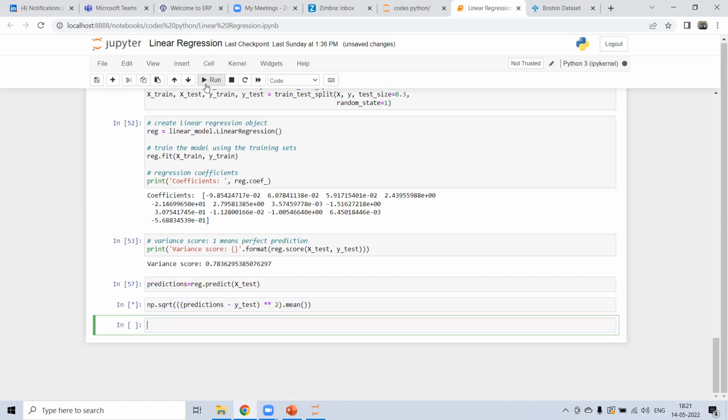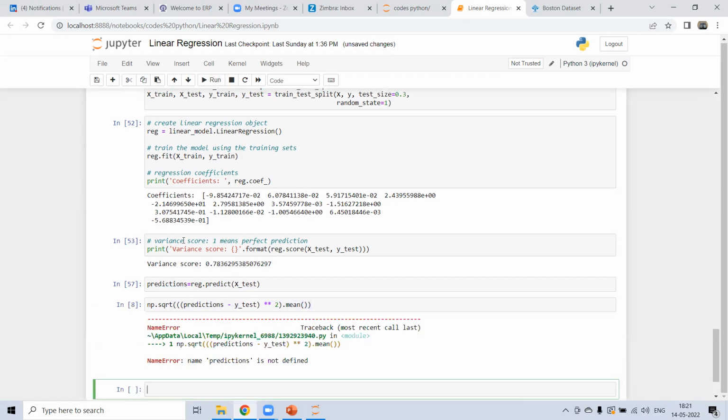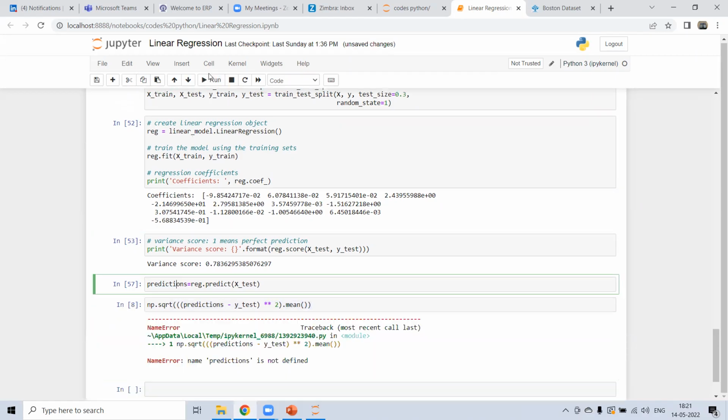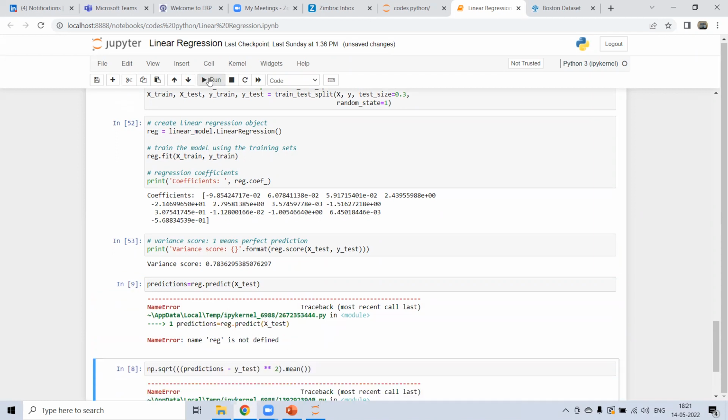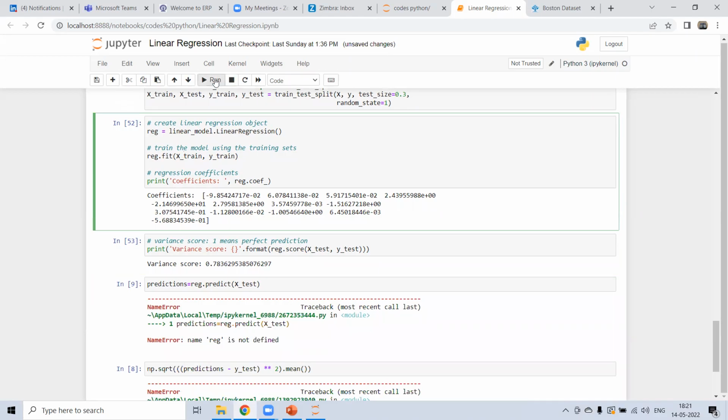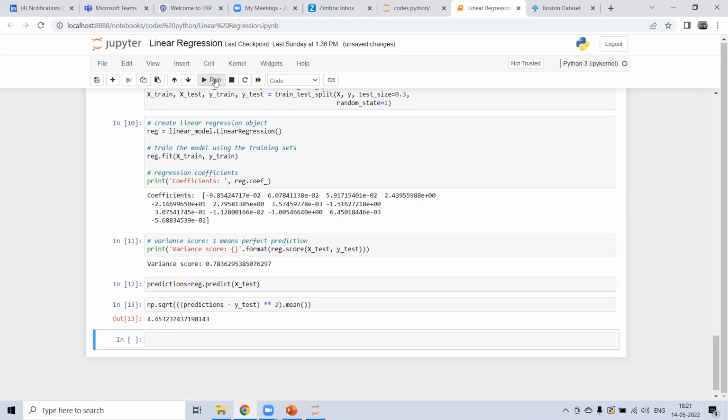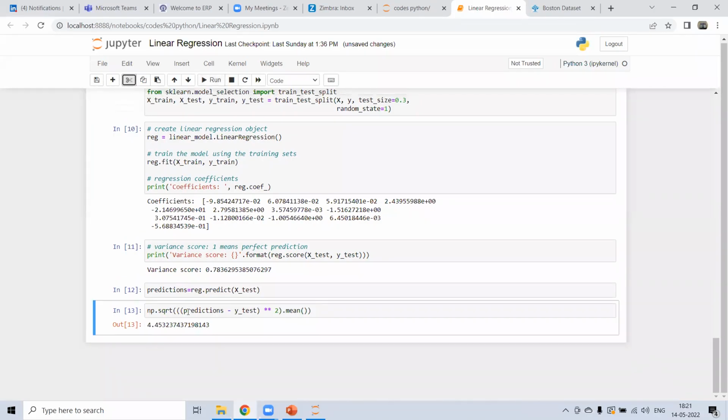So the whole RMSE is coming to me. Okay, so I have not run these predictions, and I have not run this regression either. Yeah, so 4.523.